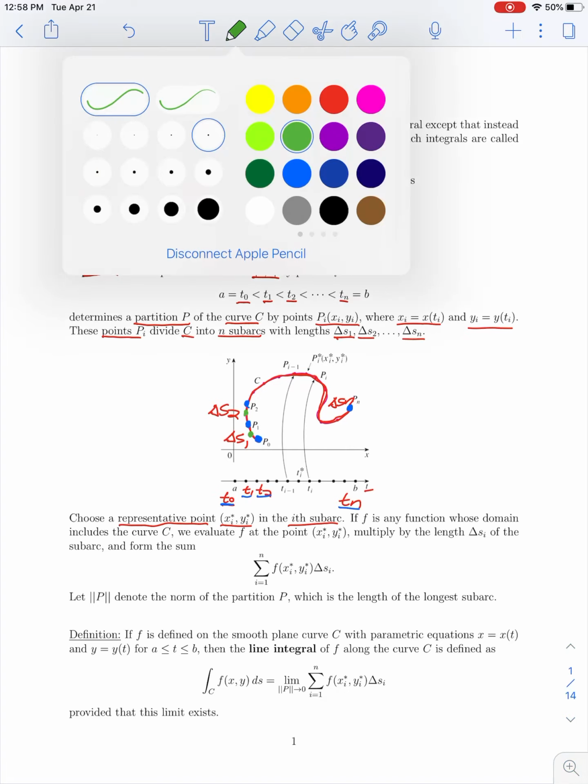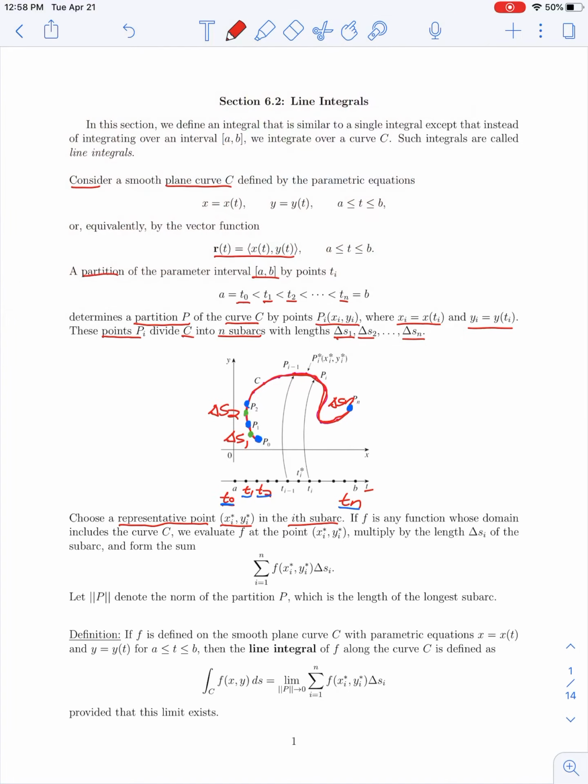And then if I have any function, let's call it f, of two variables, x and y, whose domain includes points on this curve C. So that is if my function is defined for every point on that curve, then we can evaluate our function f at the representative point that we chose in the ith subarc, and then multiply by the length of that subarc.